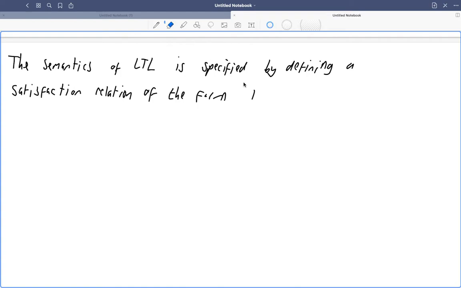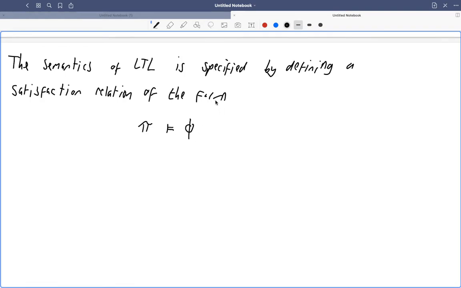Let's display this more prominently because it's important. Pi, that's a little Greek letter pi, doesn't mean the number 3.1415, etc. Here it's going to be a run through the system or a path.